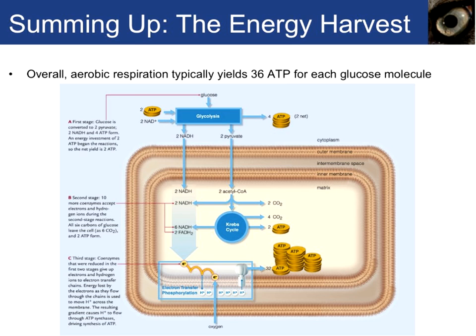So for example, the typical yield of aerobic respiration in brain and skeletal muscle, these form 38 ATP instead of 36. So there is some variation, but in general, you're going to have 2 during glycolysis, 2 during the Krebs cycle, and then 32 during electron transfer phosphorylation.